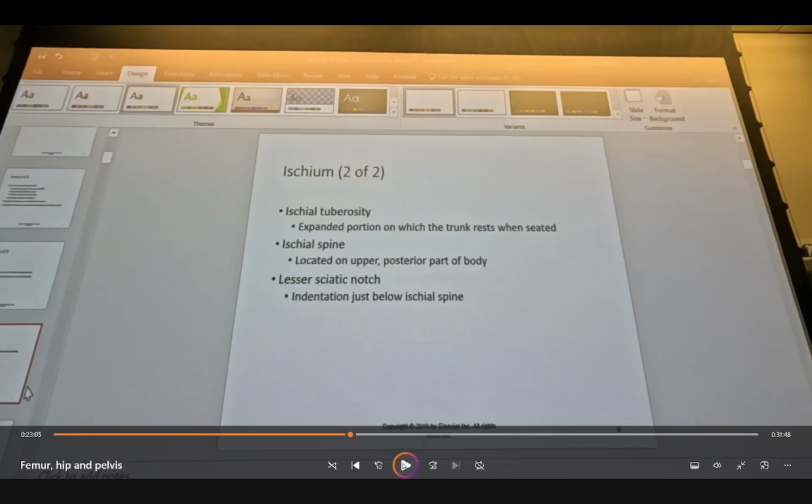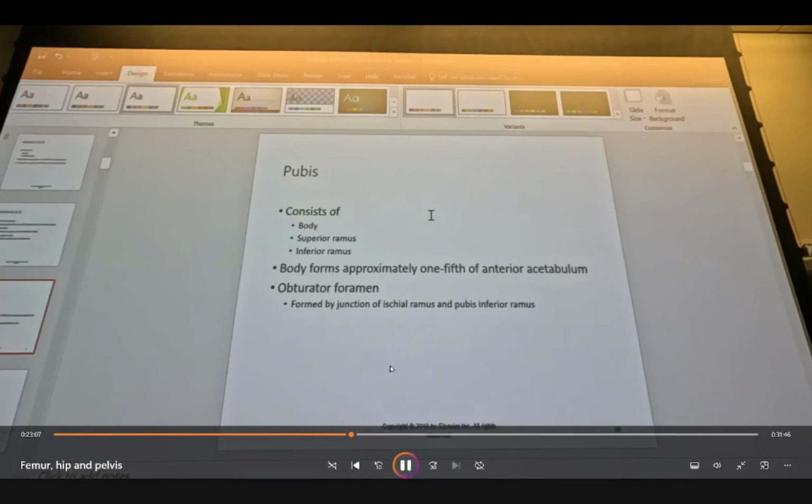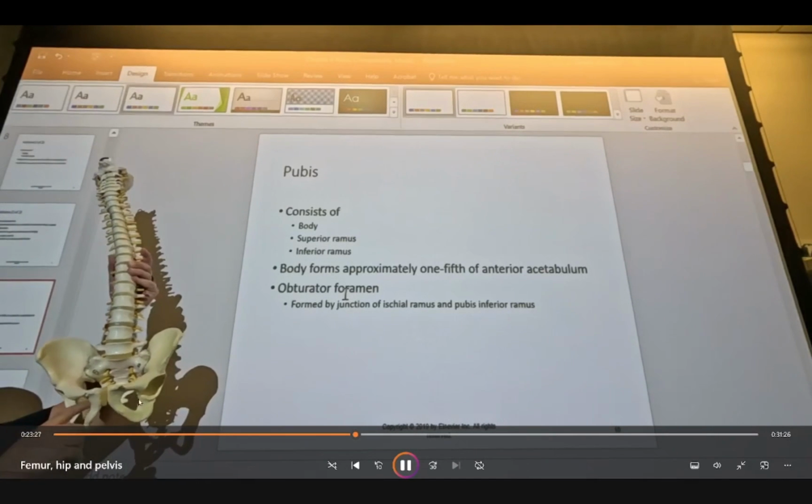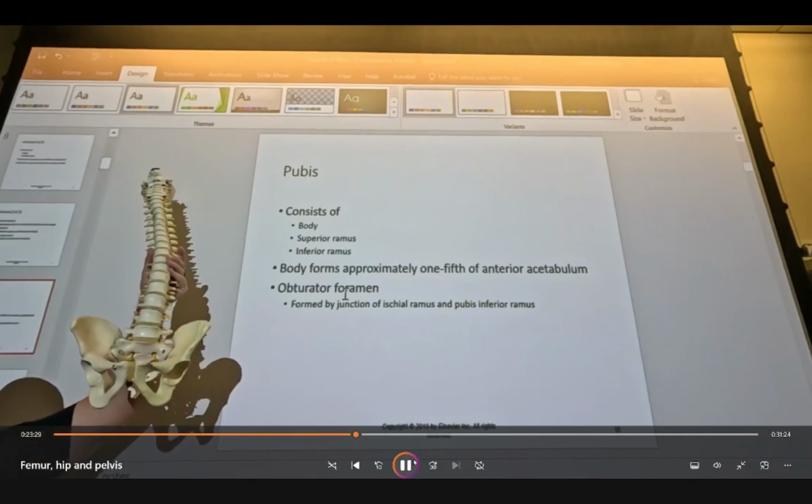So it's at the bottom of the obturator foramen, and then you've got the pubic bone, and it's also got a body, superior ramus, inferior ramus, and it forms again a fifth of the acetabulum, and it forms a portion of the obturator foramen, or the hole in the pelvis. Don't confuse obturator foramen for the acetabulum. So obturator foramen is here, acetabulum is there.